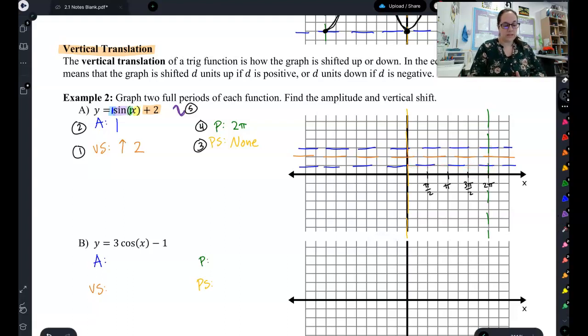So I know it's a sine because of step 5, sine. So I make my little s, starts at the middle, then goes up to the top, back to the middle, down to the bottom, back to the middle. And there's our sine wave. Now remember, we do need to graph 2 full periods. So I'll go over the other direction.